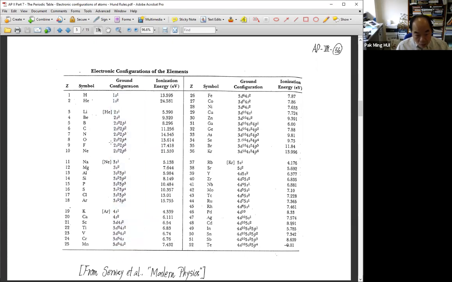Fluorine, actually, is 1s2, so that's why there's a helium bracket here. They don't want to write so many things. So this refers to 1s2, and then 2s2, 2p5. Now you need this to understand molecules, and we will do molecular physics later.